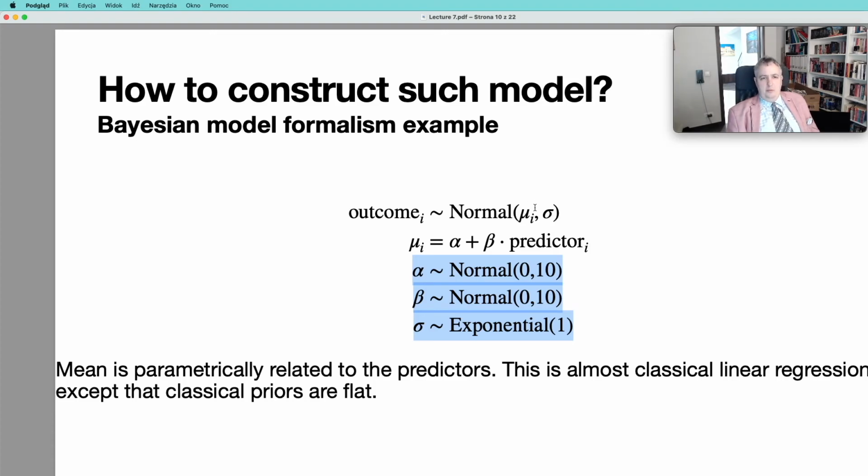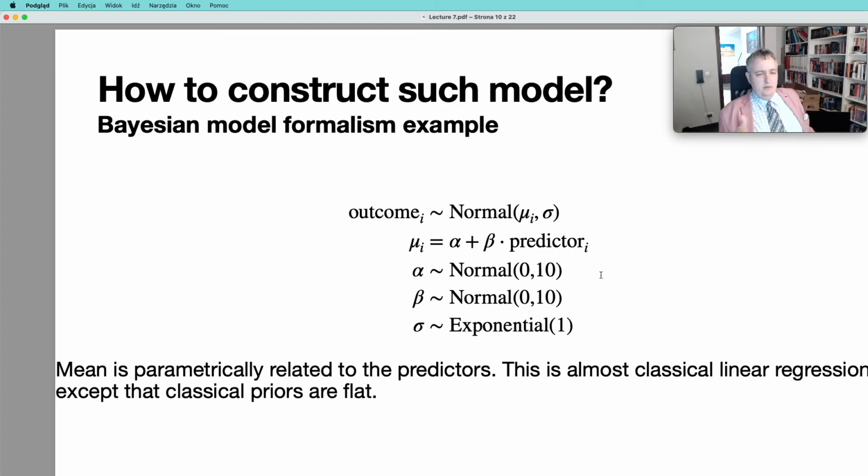And also sigma is not being estimated. So we just assume flat priors, so uniform distributions without any bounds, any number is okay. And then the solution for this system is, of course, the standard pseudo-inverse matrix of the design matrix, or so-called the matrix of predictors.